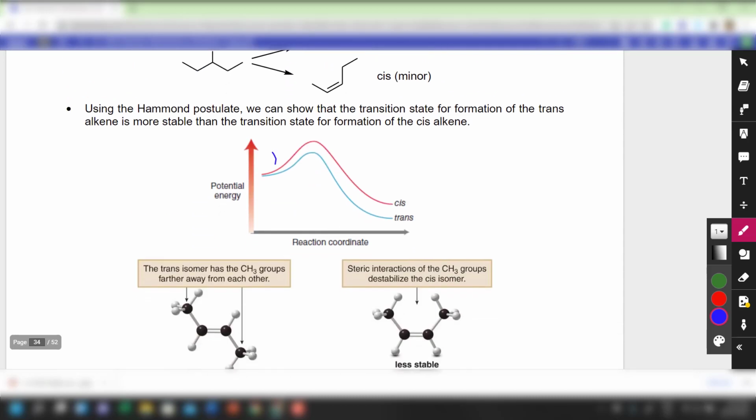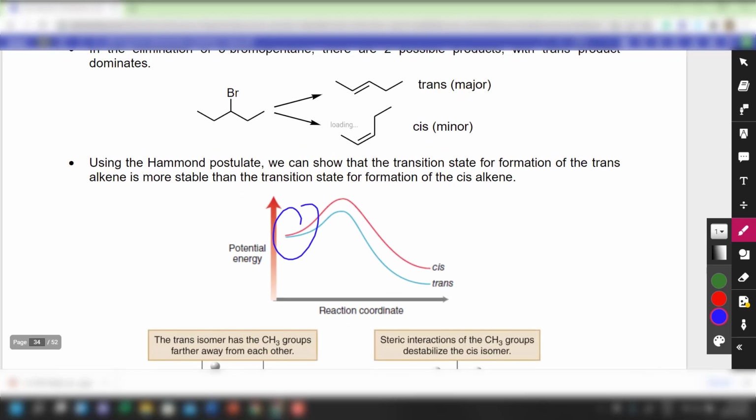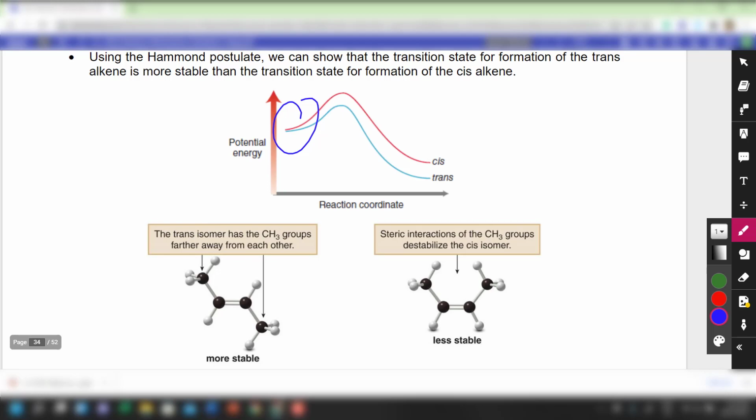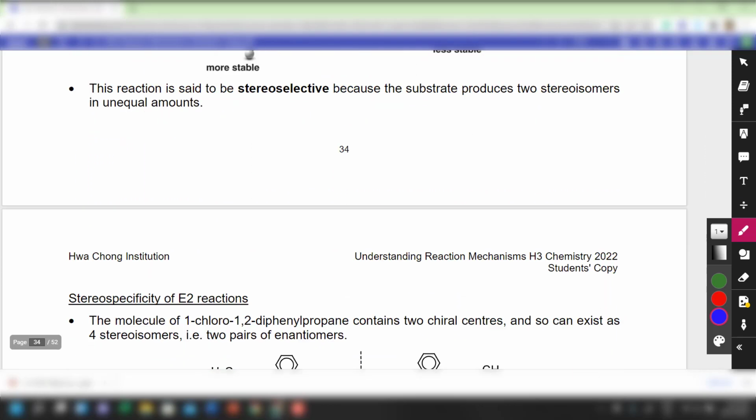We start off at the same point in the energy profile diagram, but whether we get a cis or trans isomer really depends on the transition states. Here they are saying that the trans product is more stable because of less steric demand between the methyl groups.